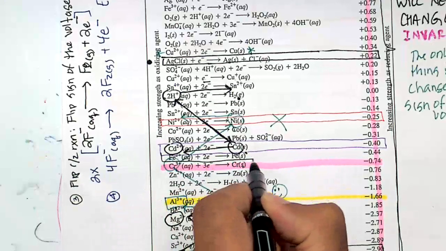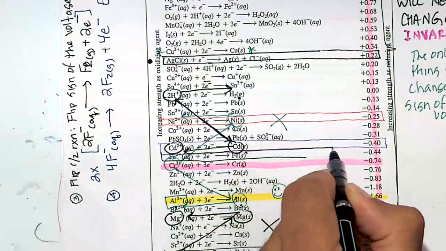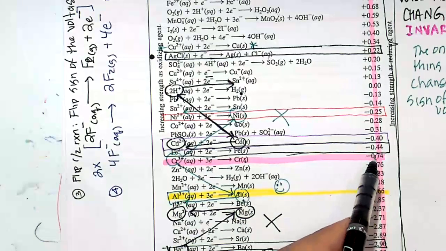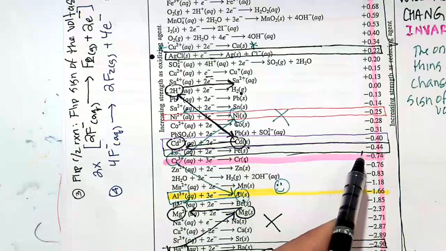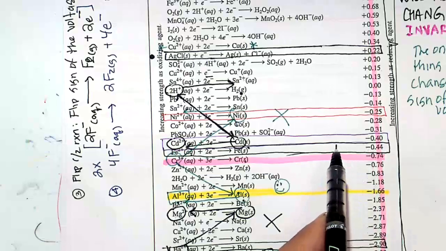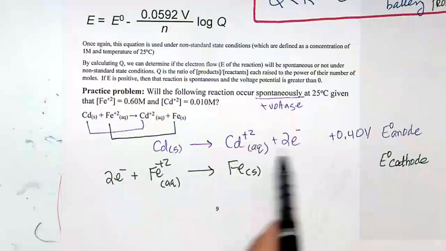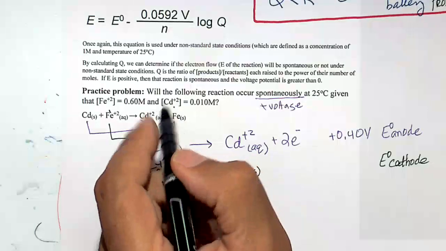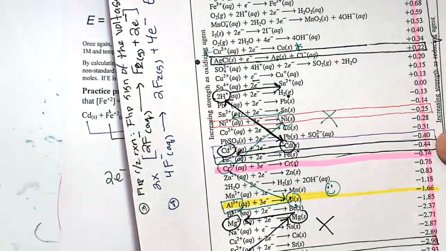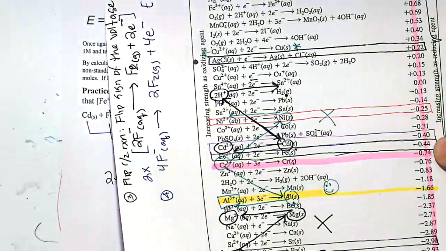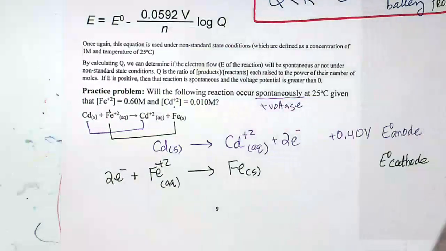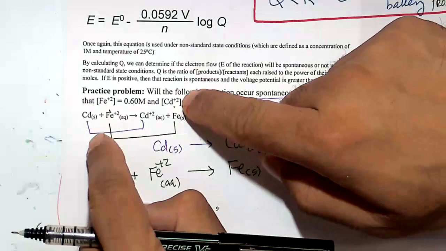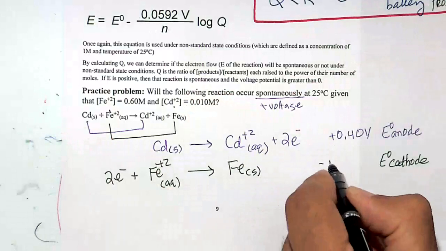I think it's negative 0.44 for cadmium, right? Cadmium is 0.40, but we flipped it. The next one in black is iron plus 2 going to iron solid. What's the voltage for that? Do we flip it? No. 0.44, we don't flip it because this is gaining 2 electrons according to this equation.